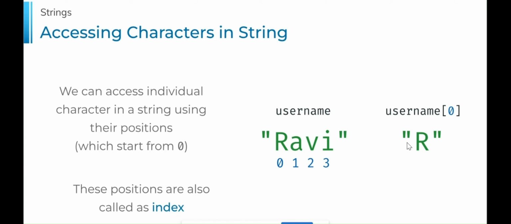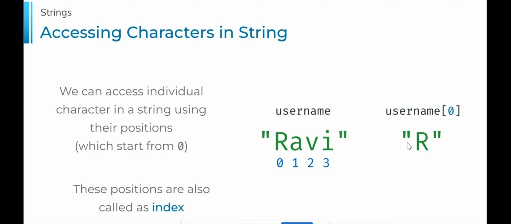For counting purposes we start from 1, 2, 3, but in programming languages the index starts from 0. These positions, 0, 1, 2, 3, 4 and so on, are called the index.